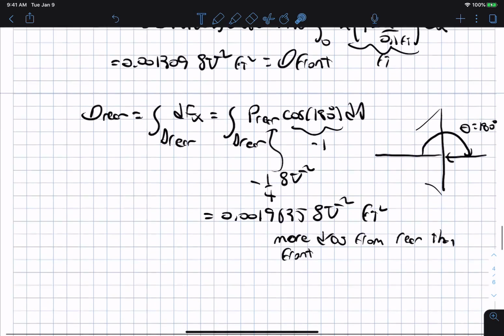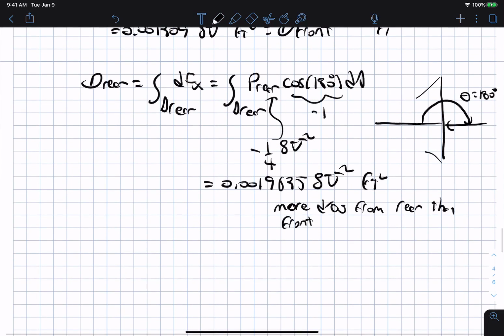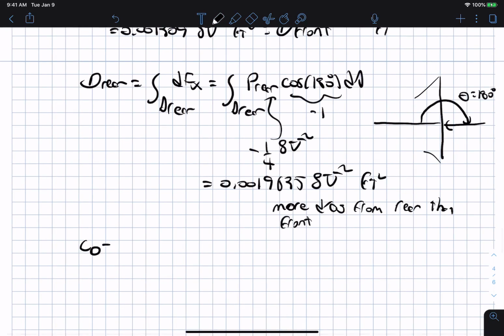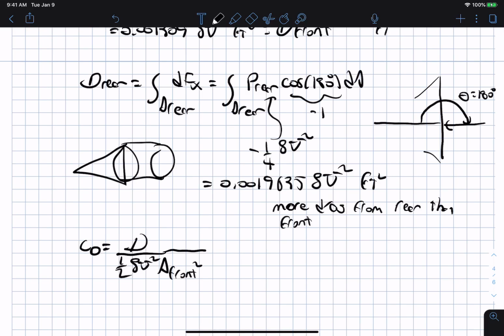So CD equals the drag force over 1/2 rho u squared times A frontal. Well, this is a cone, so the frontal area is just a circle of pi over 4 d squared.